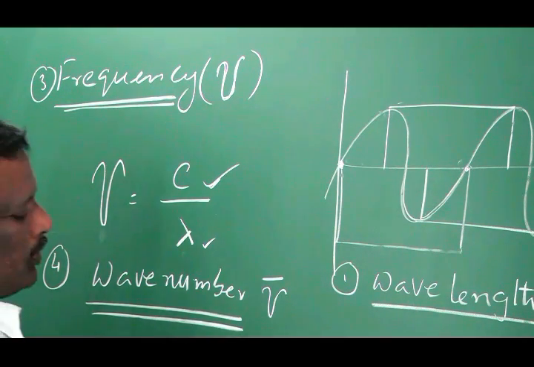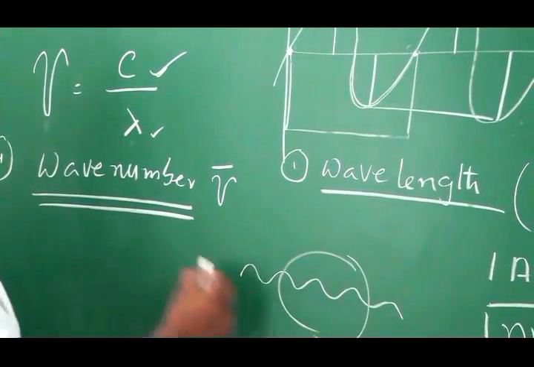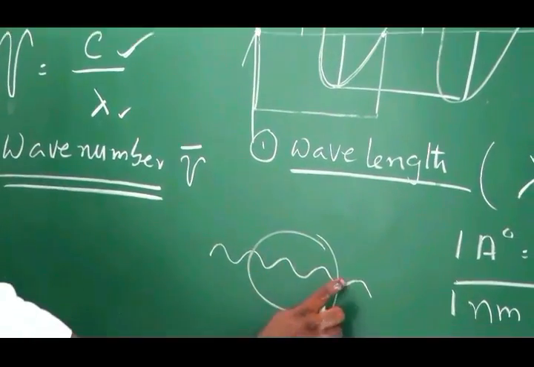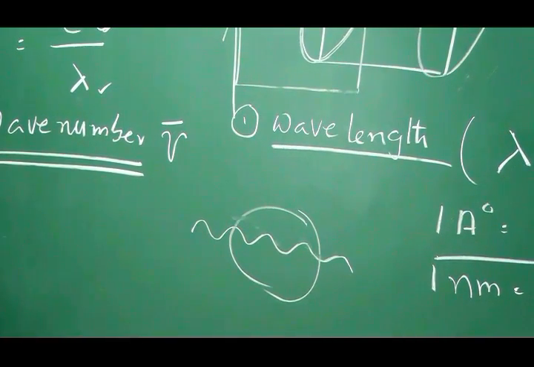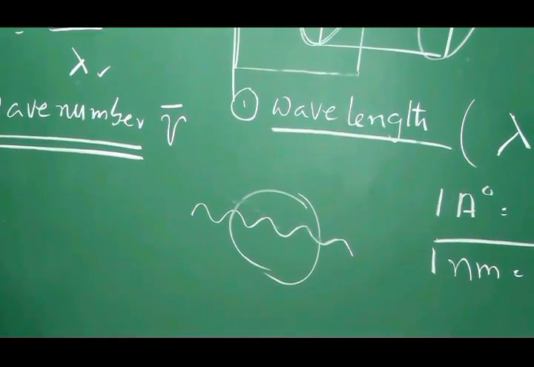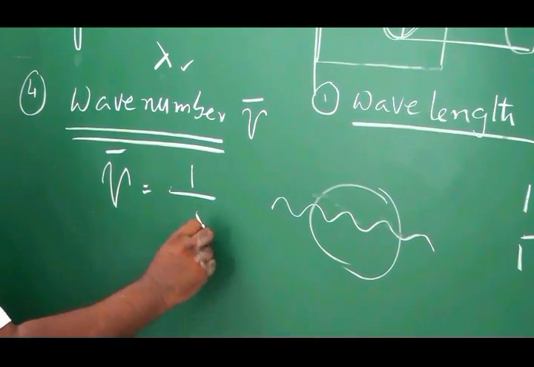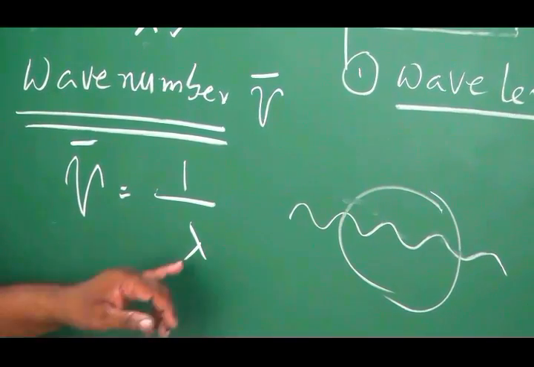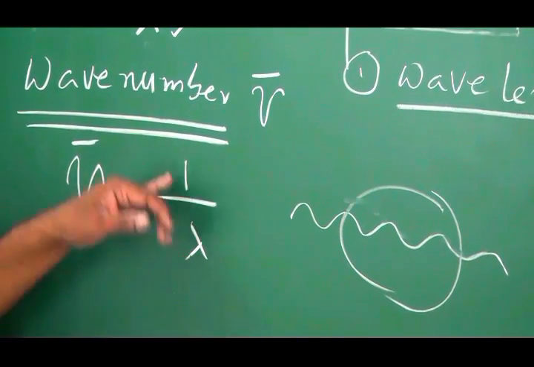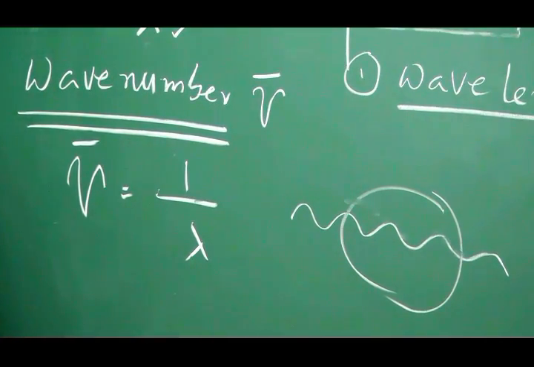For example, if the wave is moving like this, and this is the distance of 1 centimeter, the number of waves present in the 1 centimeter is said to be wave number. So wave number nu bar is equal to 1 by lambda, with lambda in centimeters. When lambda is expressed in centimeters, the inverse value of that lambda will be equal to wave number.